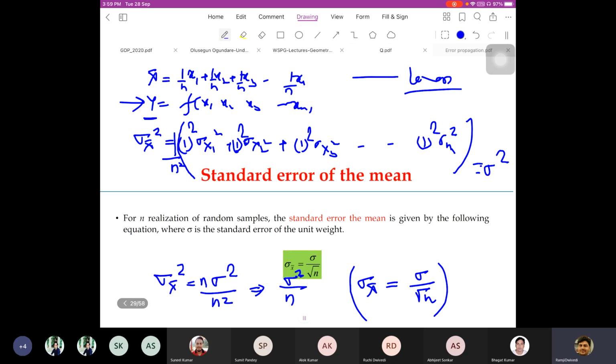And as Bhagat was saying, what is the physical significance? That's a very good question. Good question in the sense that ultimately, if you are talking about observation, your observation is something which should go ahead, isn't it? What we are interested in is how observation or how good quality observation is affecting our mean.